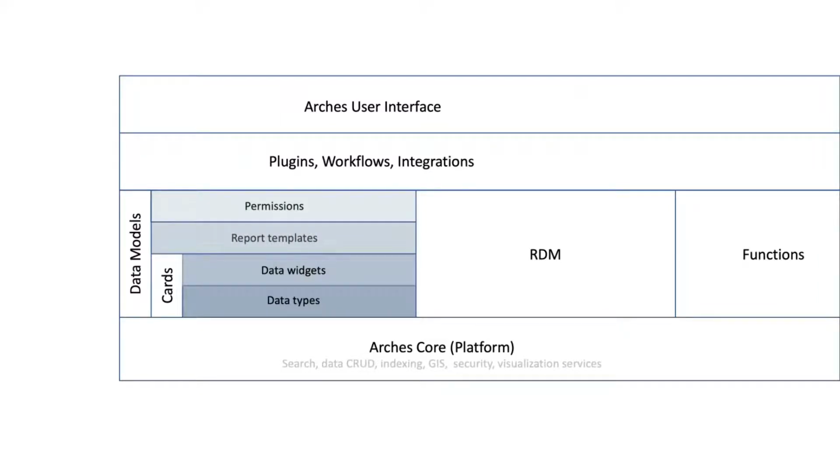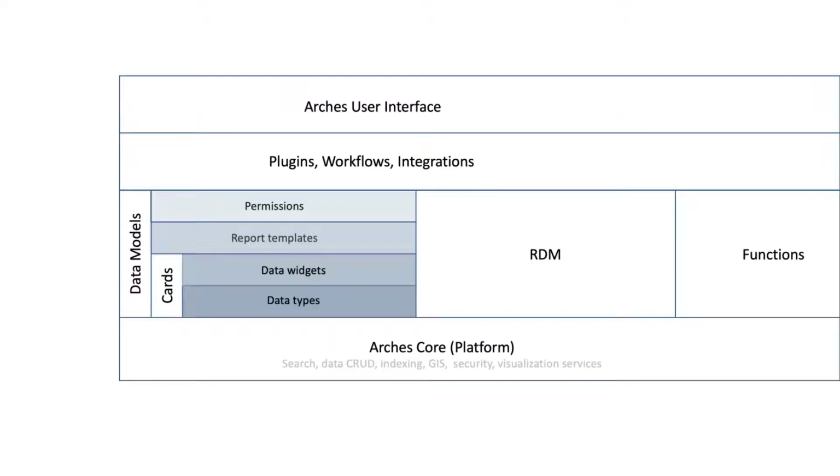And cards themselves collect or expose core data types and the user interface elements or data widgets necessary to interact with the database. Cards can also define report templates, so how data are presented on screen, and are also where we define permissions. So the security model is built directly into the database.